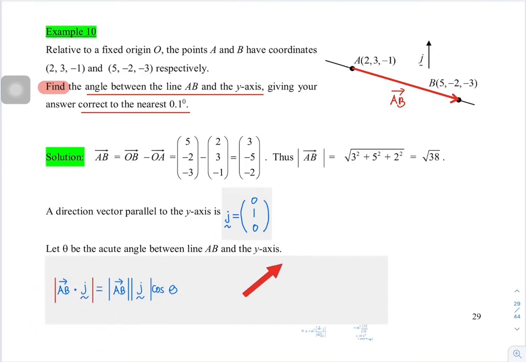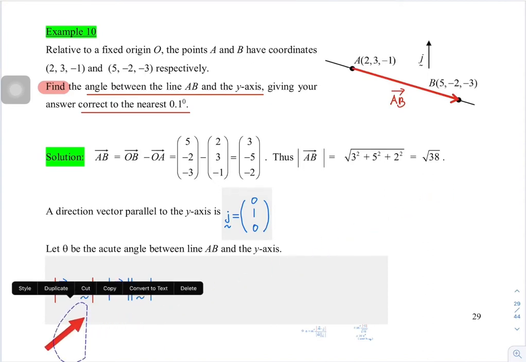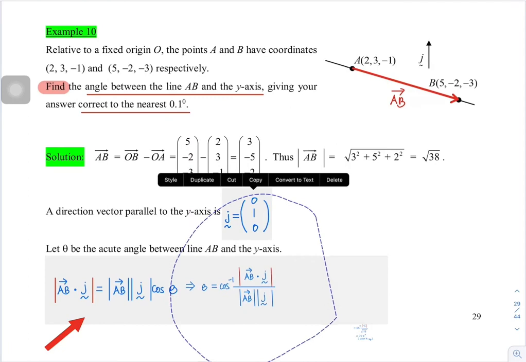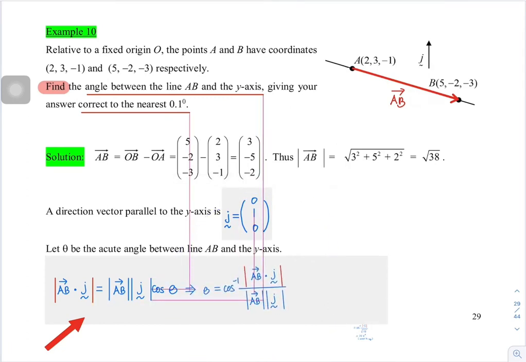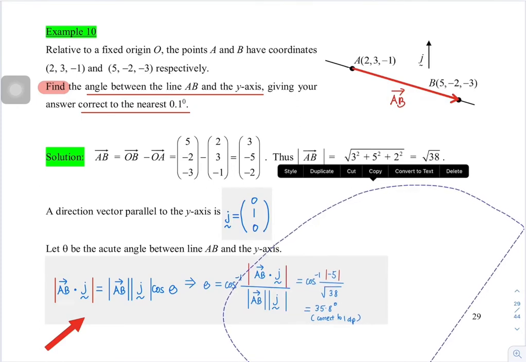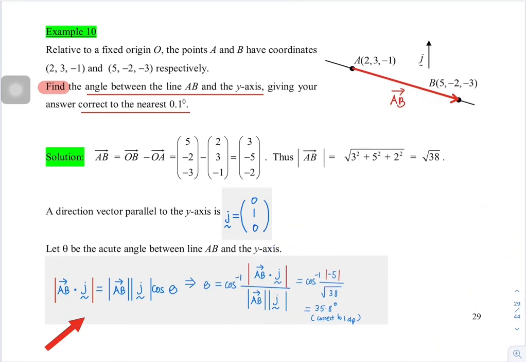So from this formula, we can make cosine theta the subject, and eventually we can get the formula for theta itself. And from here we can start to put in the values to evaluate what is the actual angle between the line AB and the y-axis.